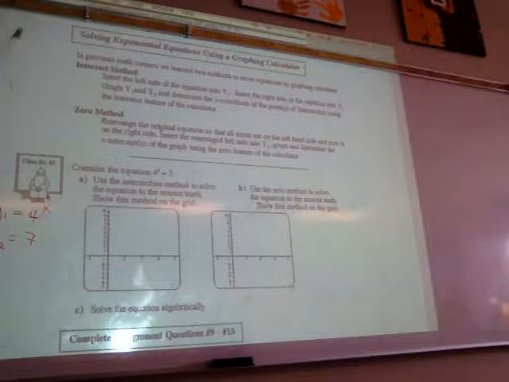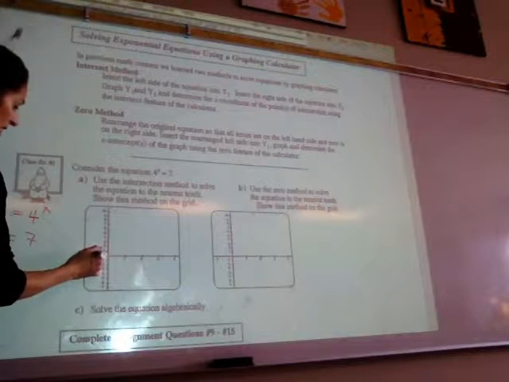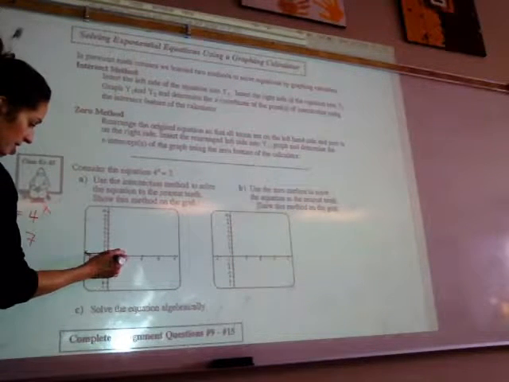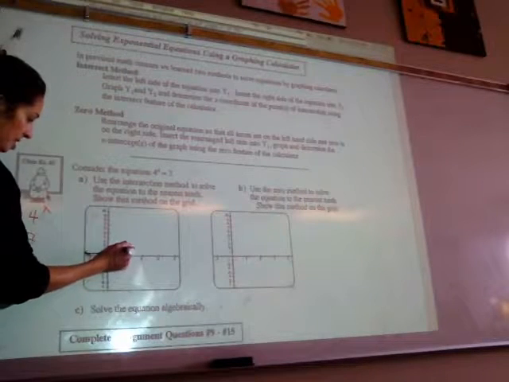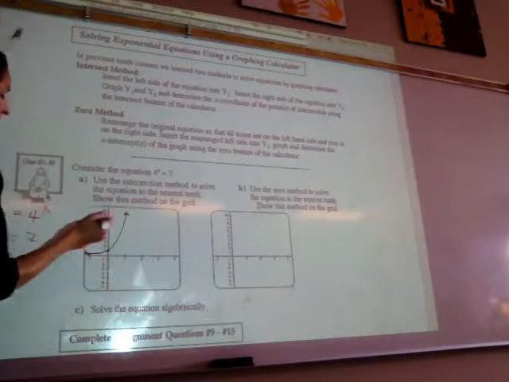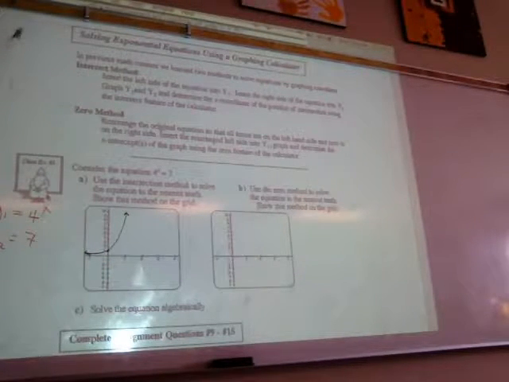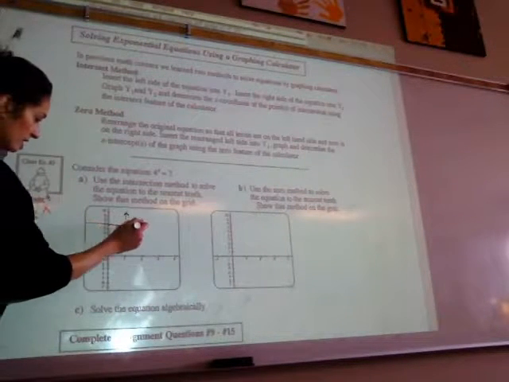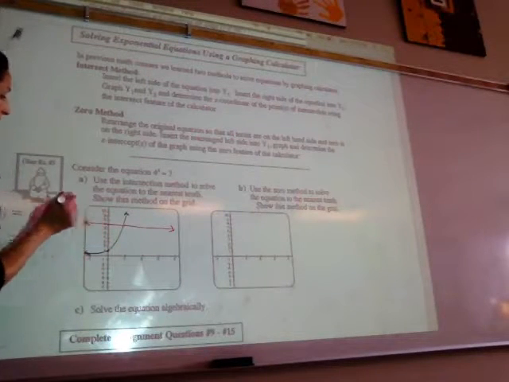And when you graph those, we should know that the exponential function will go through y-intercept of 1. It will be greater than the x-axis and look something like that. Okay, and then y2 is just 7, so when y equals 7, the graph will look like this.